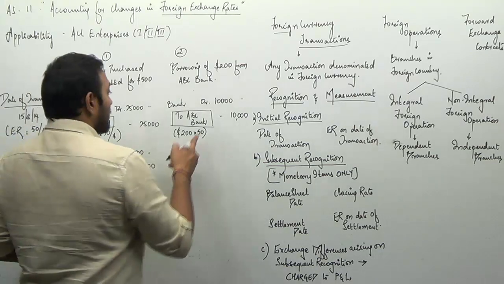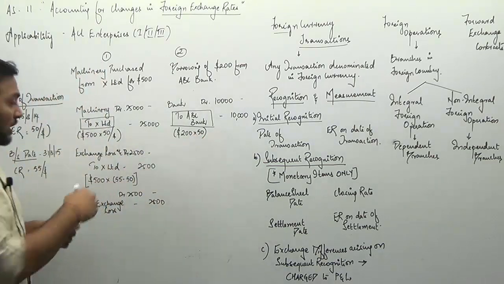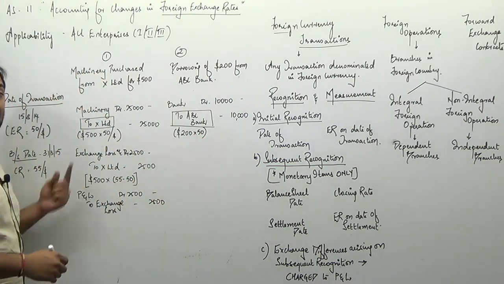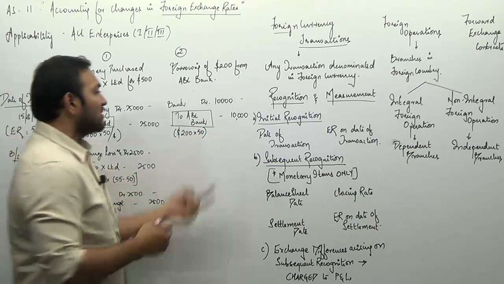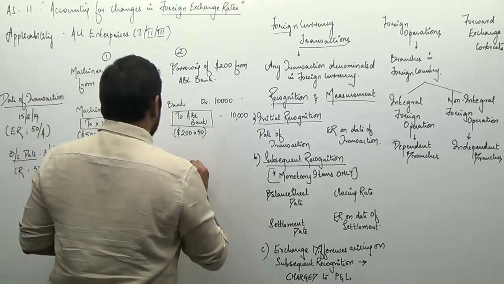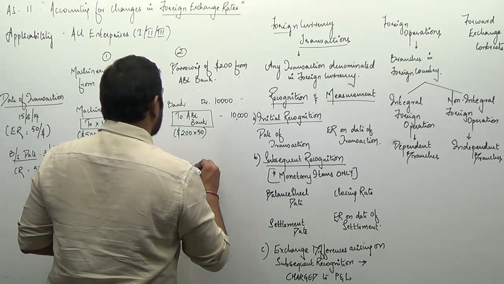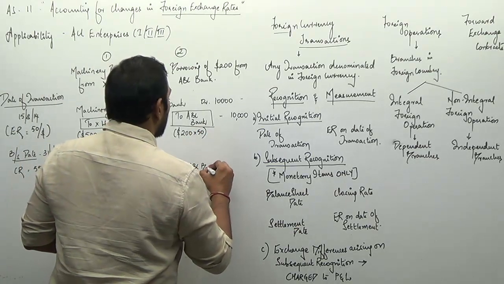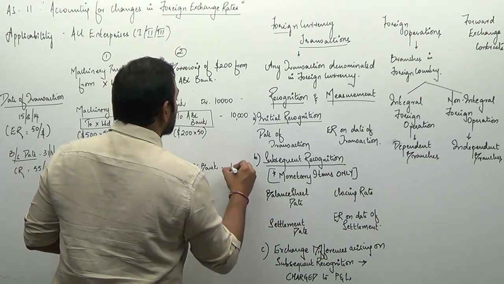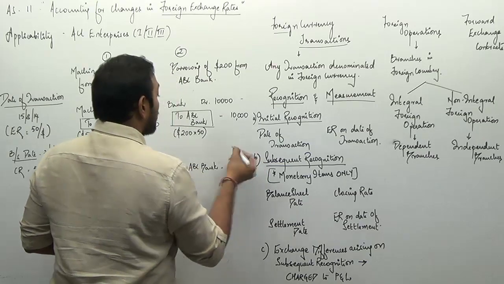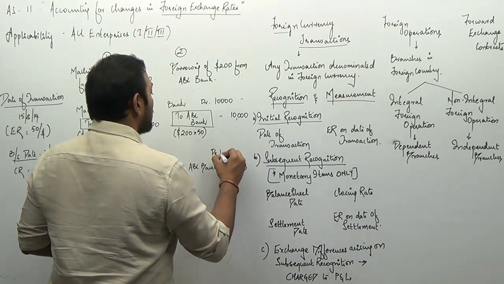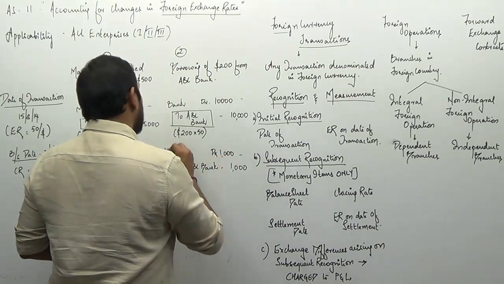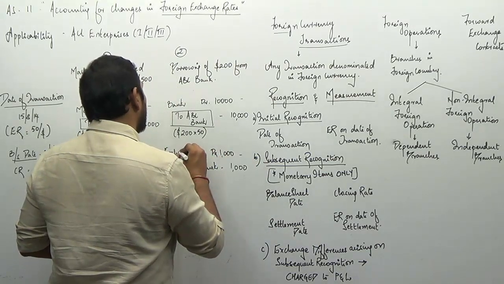Similar situation here. Here also ABC liability was $200. Now I have to pay him at 55 rupees. That means I have to pay 11,000. But the credit is only for 10,000, the monetary item, that is ABC Bank. It should be increased by 1,000 rupees. Again I don't know what to write on the debit, so I'll write the debit as again exchange loss since I'm debiting it.